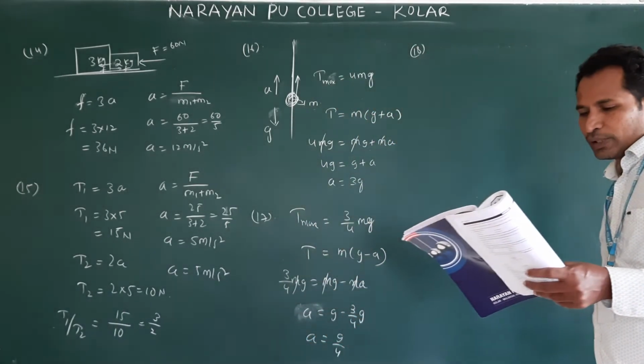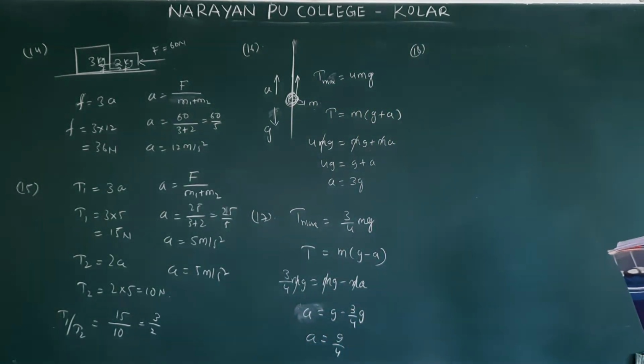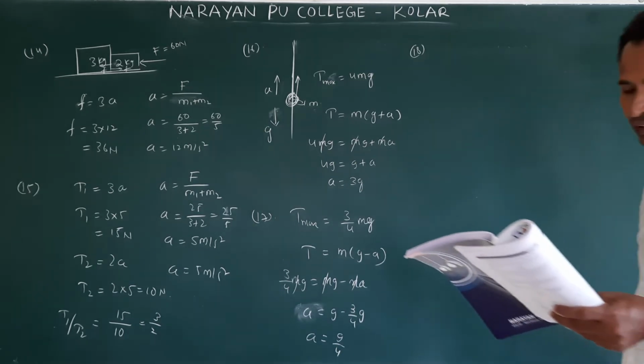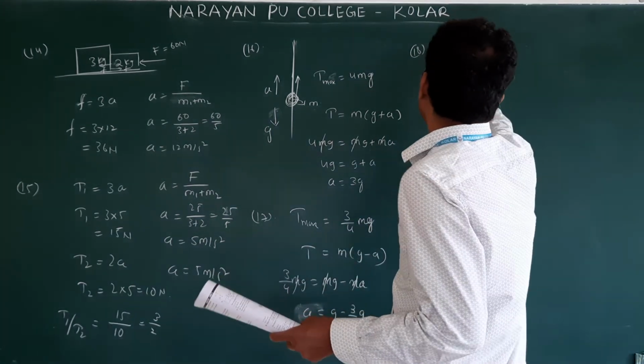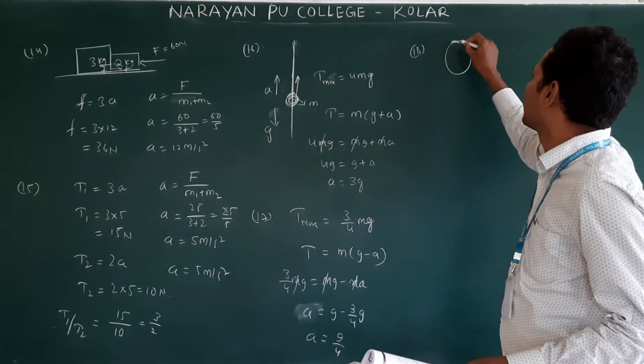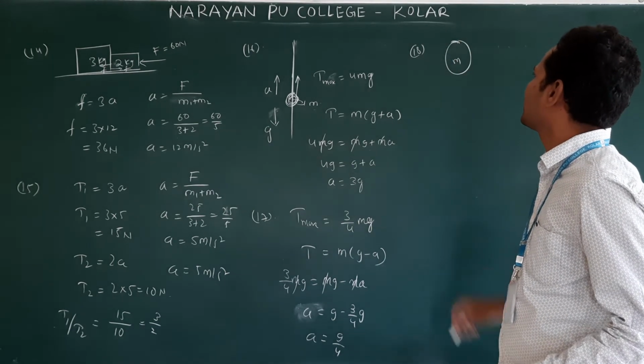A empty plastic box of mass m is found to accelerate up at the rate g by 3 when placed deep inside water. The amount of sand that should be put inside the box so that it may accelerate down at the rate of g by 3. There is a box in water. This box mass is m.